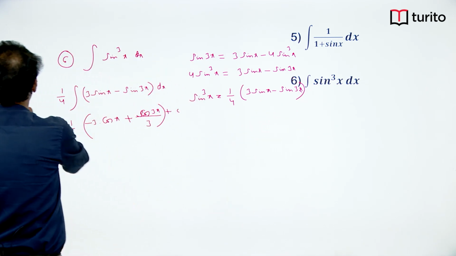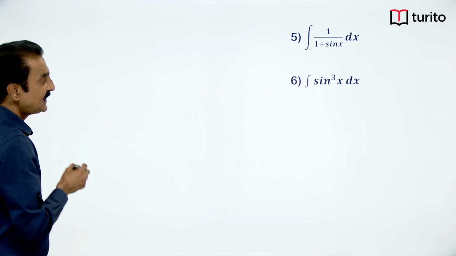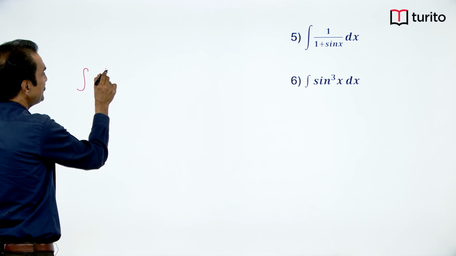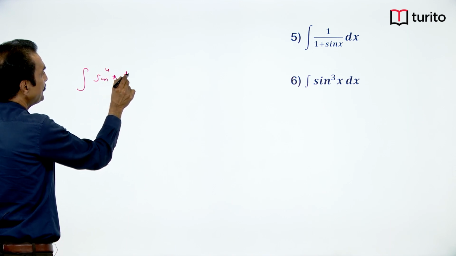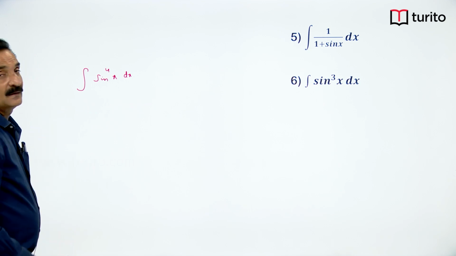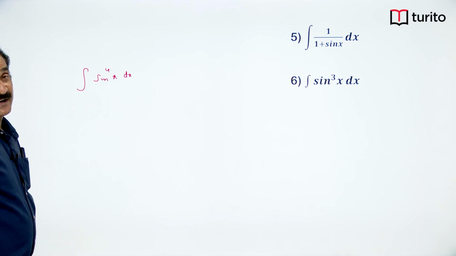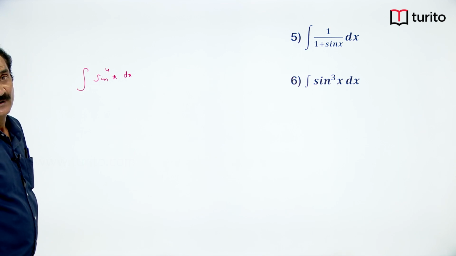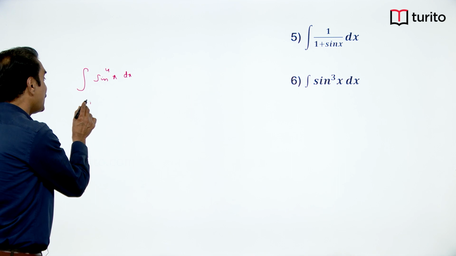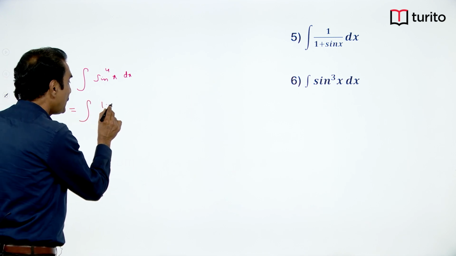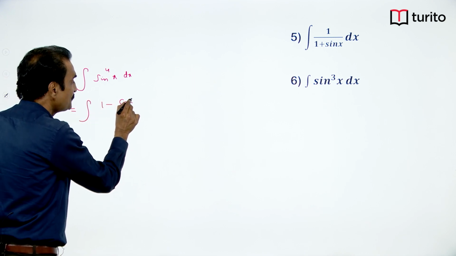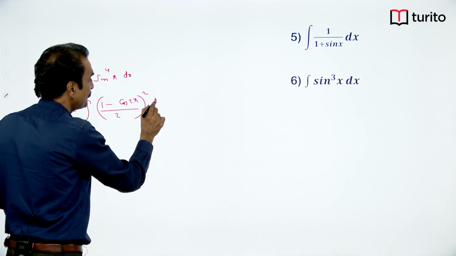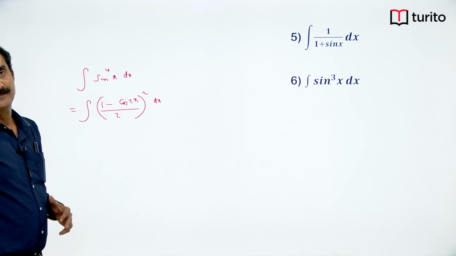Next, in the same way, if it is sin power 4x, how to integrate? First we write sin power 4x as sin square x whole square, and sin square x can be written as 1 minus cos 2x by 2 whole square.